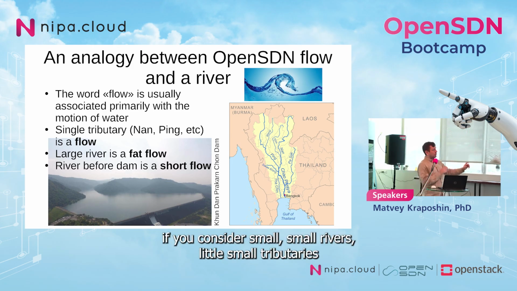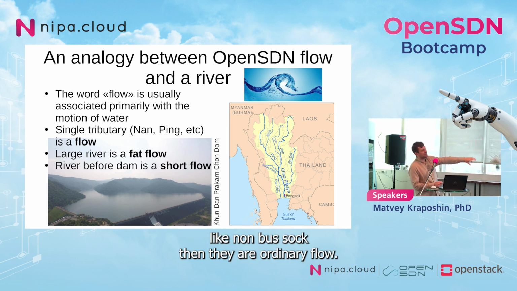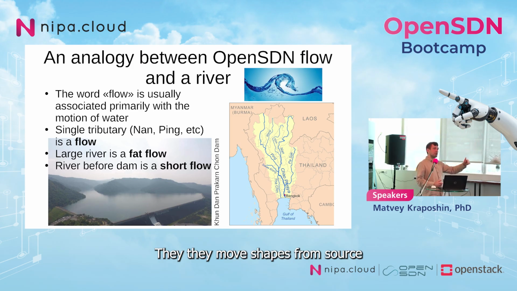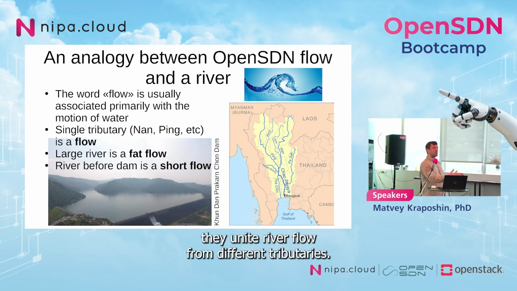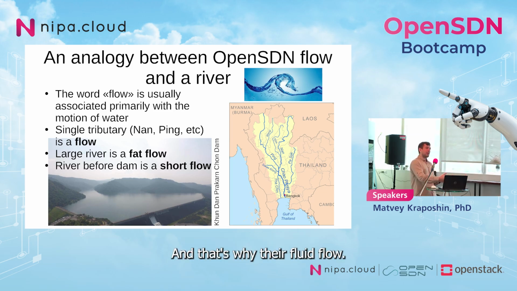If you consider small rivers, small tributaries like Nan, Pasak, then they are ordinary flow. They move ships from source to destination, one by one. If you consider large rivers like Chao Phraya, they unite river flow from different tributaries, and that's why they are fat flow.